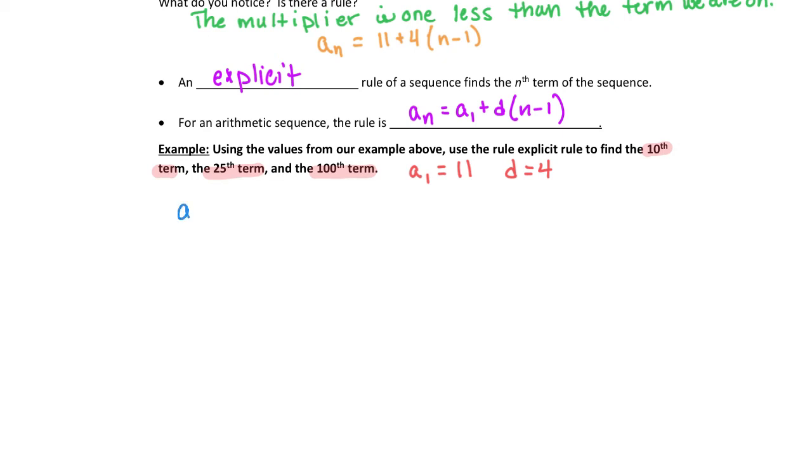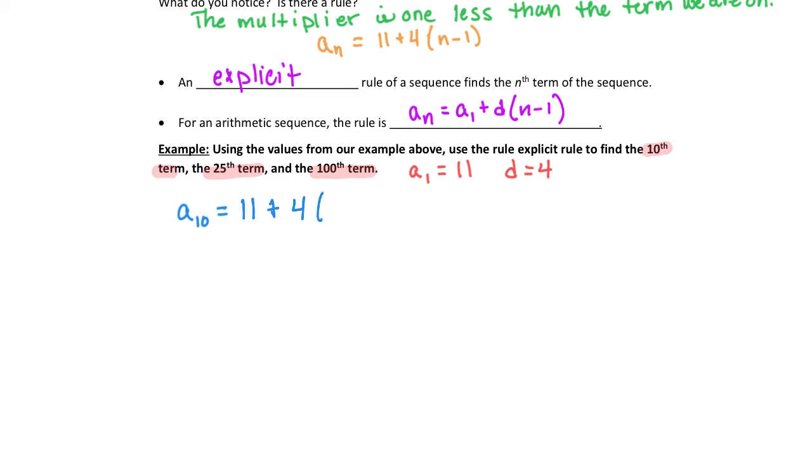The 10th term would be a sub 10. When I'm looking at what to replace, I'm using this rule right here. So the n got replaced with the 10. The a sub 1 is right here, so that's the 11. The d is going to be replaced with the common difference, which was 4.